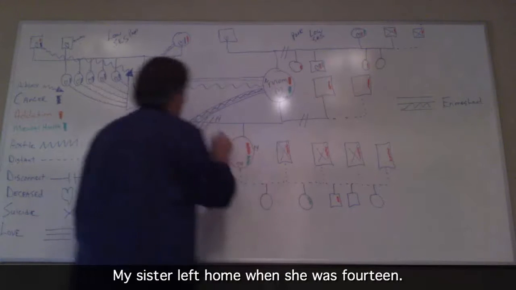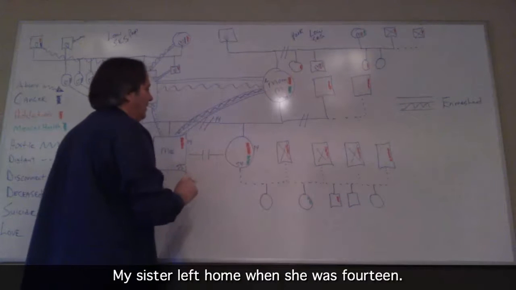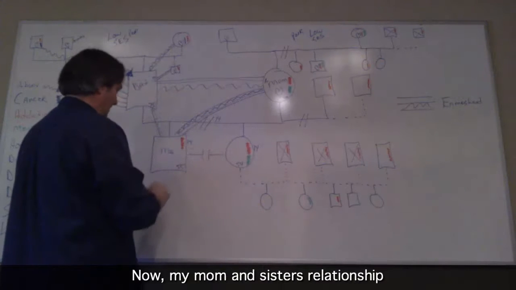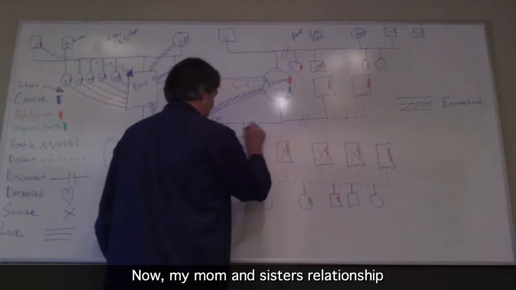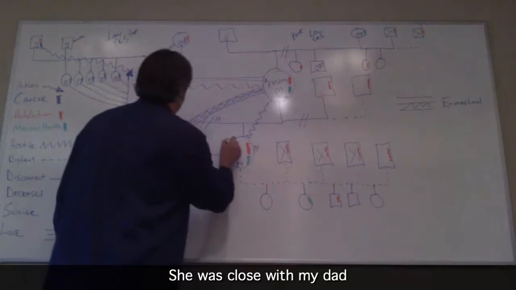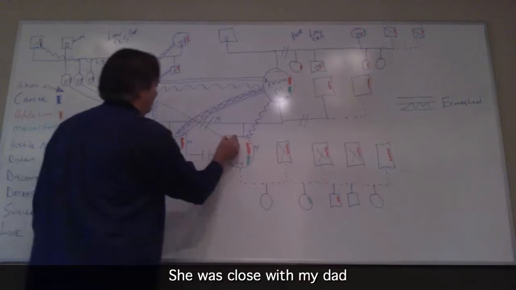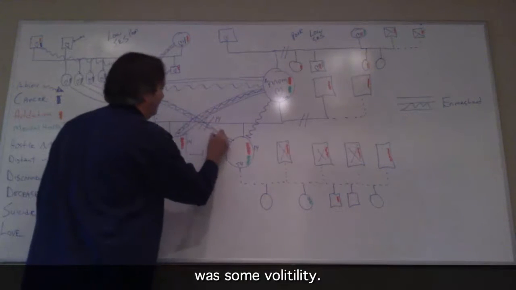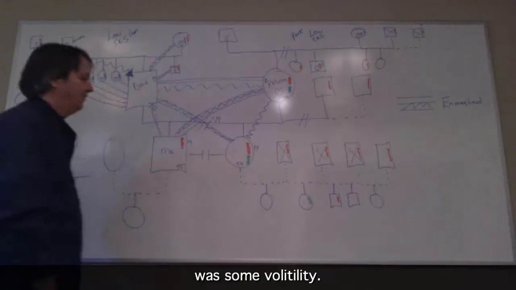My sister left home when she was 14, so that's where the disconnect started there. Now, my mom and my sister's relationship was very volatile, and she was close to my dad, but there was still some volatility.